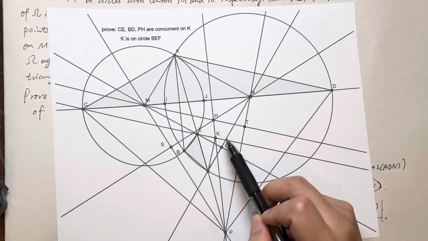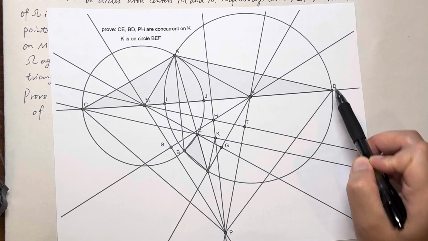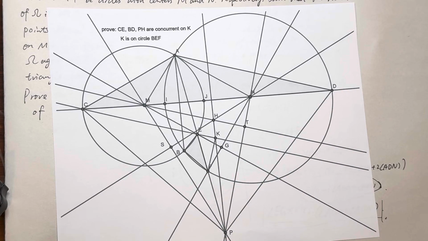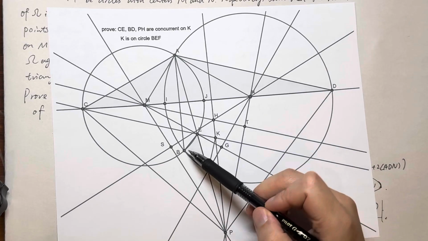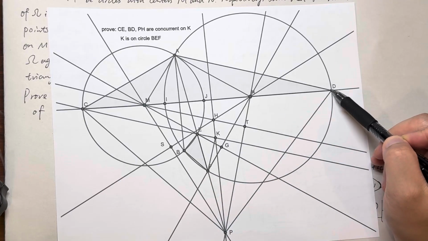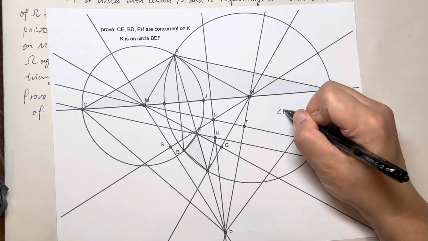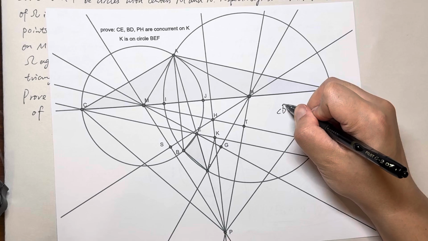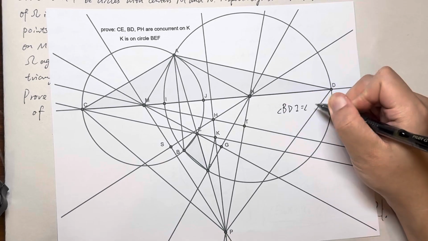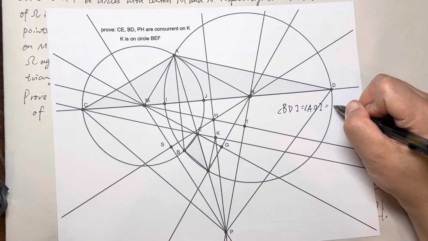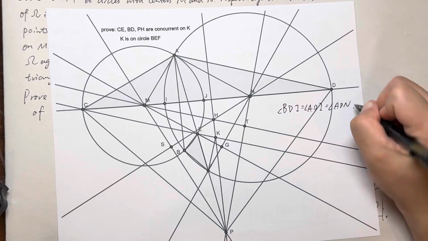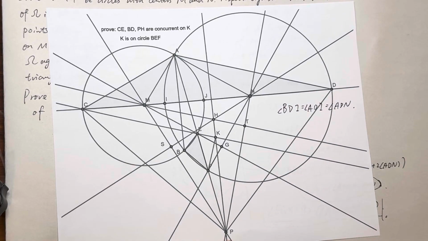So if we just think about it this way, we find the point K that actually is the intersection point of CE and PH. Right, we found this point already. Then we just need to prove that B, K, D are collinear, right? We just need to prove that. And we know the angle BDI equals angle ADI, which is angle ADN. Right?